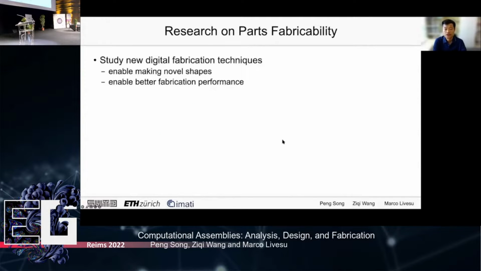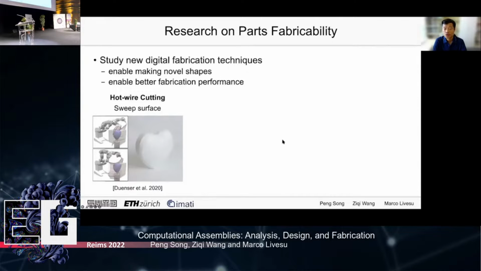Recently, there is a rising interest in studying new digital fabrication techniques, either for making new shapes or for better fabrication performance. For example, we can fabricate a sweep surface by hot wire cutting with a flexible rod. The shape of the flexible heated rod is actively controlled by a dual-arm robot when the rod cuts through the material.